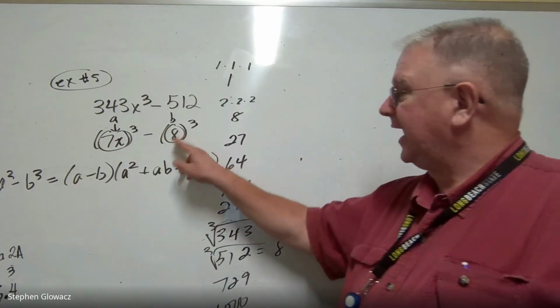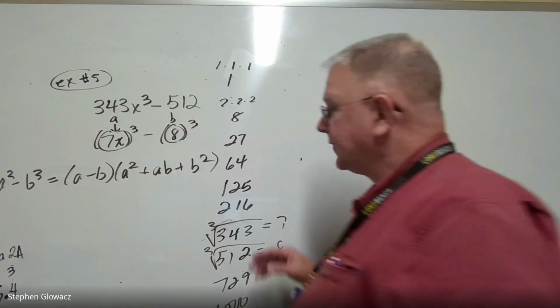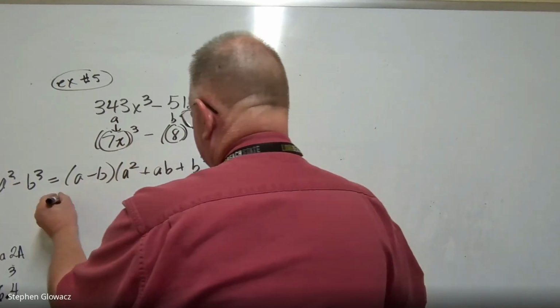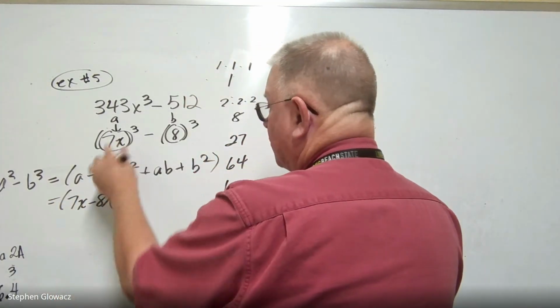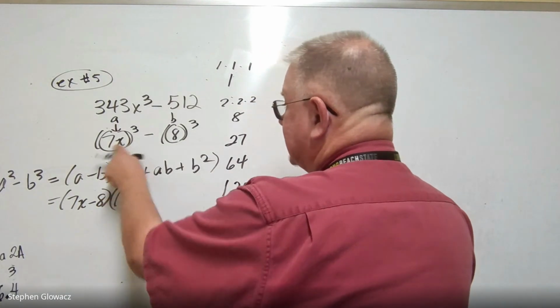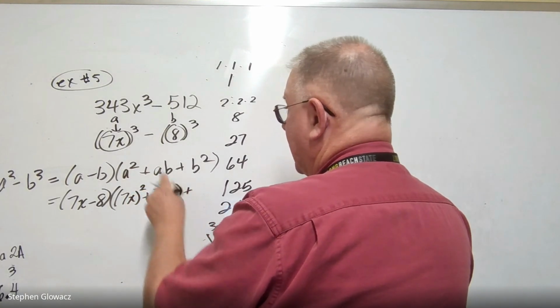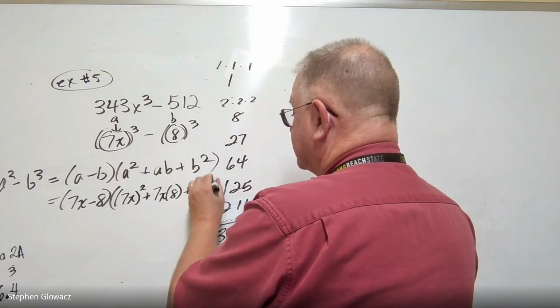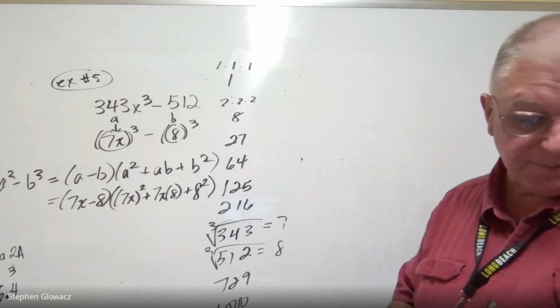And again, just the 8, not 8 to the third, or just the 7x, not 7x to the third. So we have a minus b, so 7x minus 8, and then a squared, so 7x squared, plus a times b, 7x times 8, and then plus b squared, 8 squared, to finish it up. And that's our answer. We just need to simplify that.